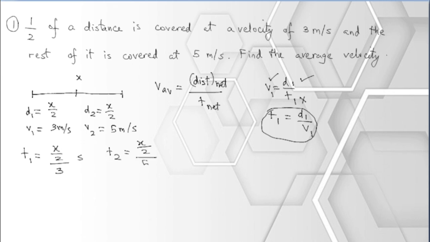So t1 equals x by 6 seconds, t2 equals x by 10 seconds.